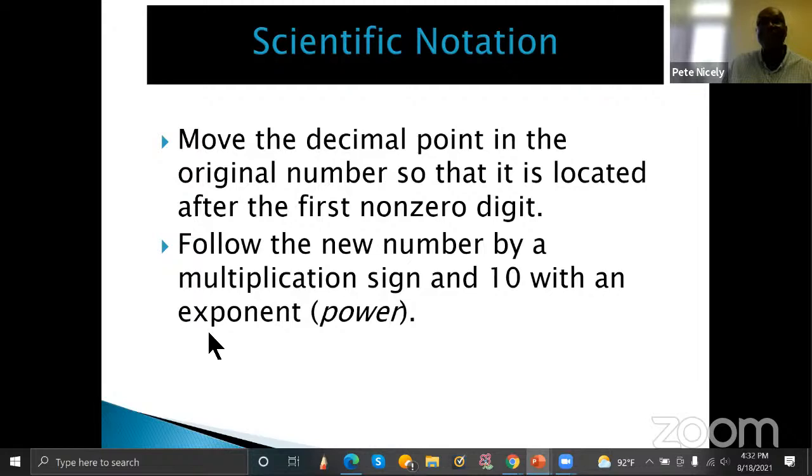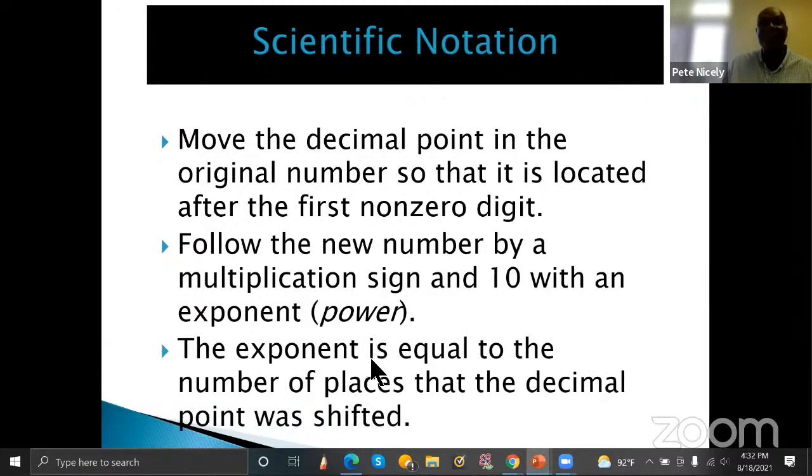Now, the question now becomes, what is that exponent? Well, that exponent would be equal to the number of places that the decimal point was shifted so that it ends up to the right of the first non-zero digit, all right? So those are basically the steps that you would employ in order to go from the standard way of expressing a number to the scientific notation way.